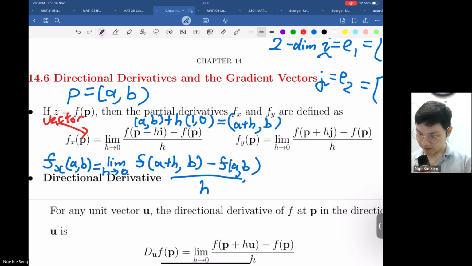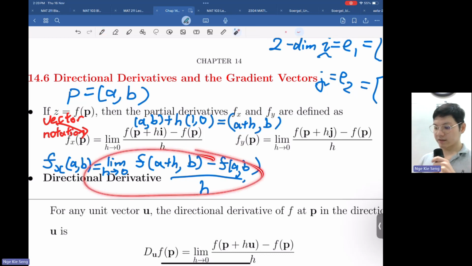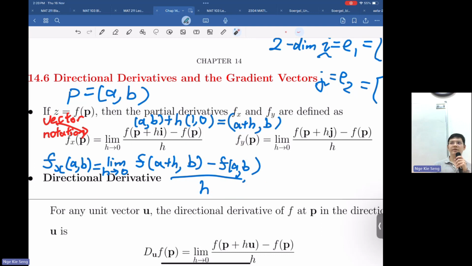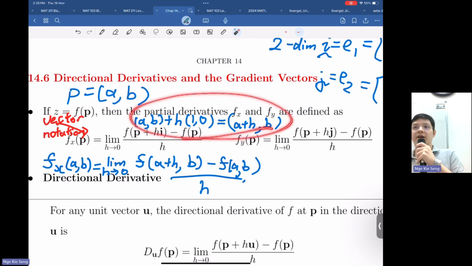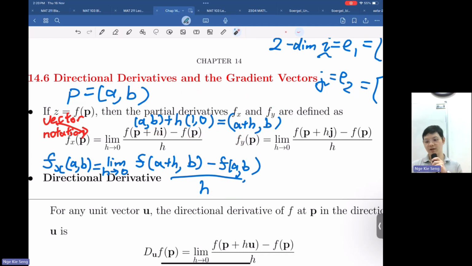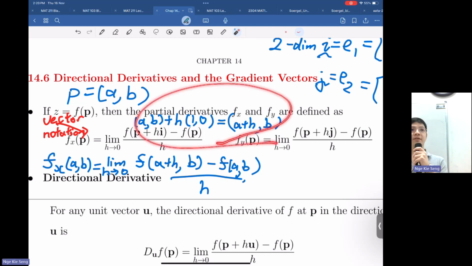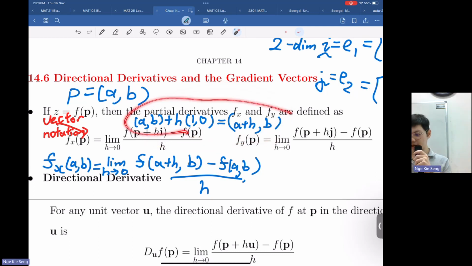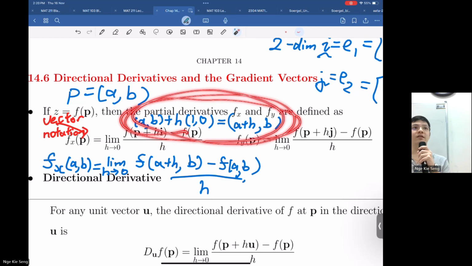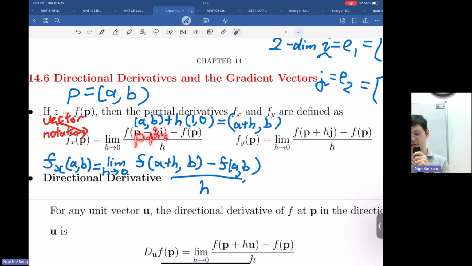The bottom one is just some n variables, but you can write these n variables in vector form, so p plus h i. Does it make sense? You know how to read this? Anyone have a problem reading this? Any question? p plus h i is (a, b) plus h(1, 0).